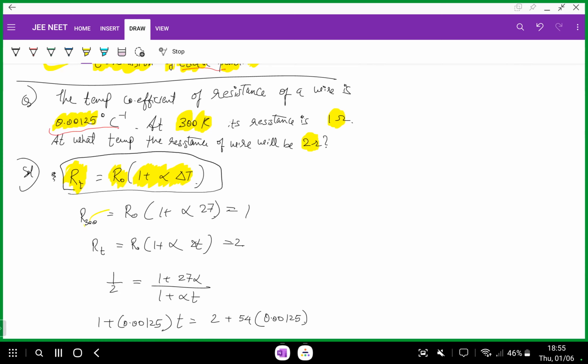So one condition is given, that at 300 Kelvin, R naught, the standard resistance, is 1 ohm. At what temperature will R naught times (1 plus alpha T) be 2?